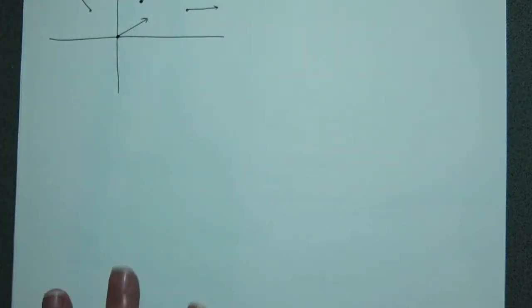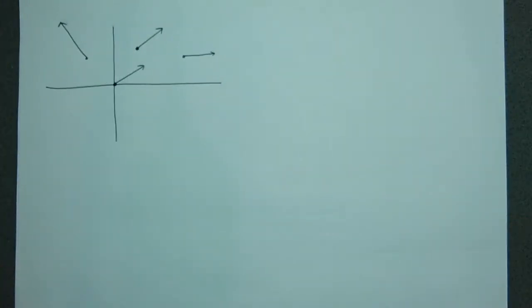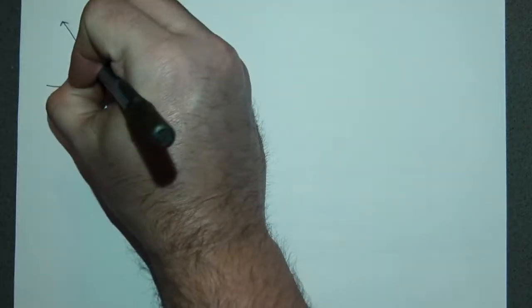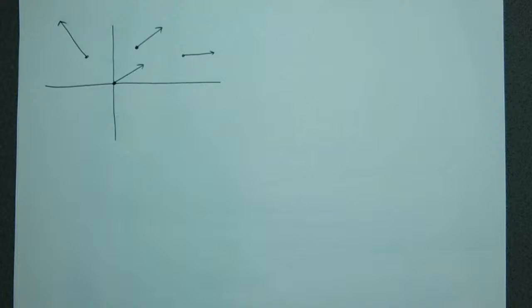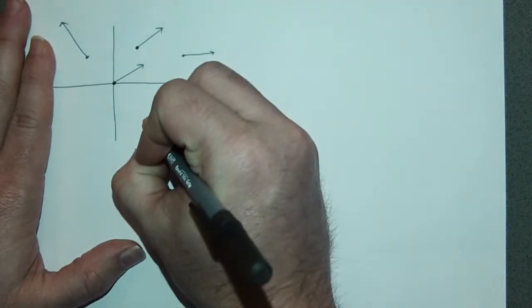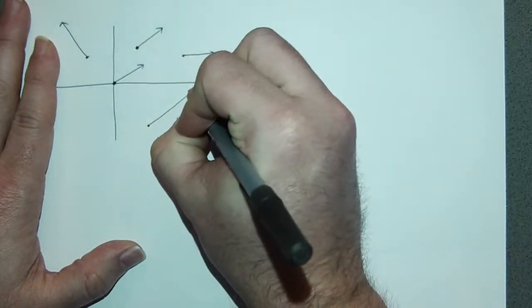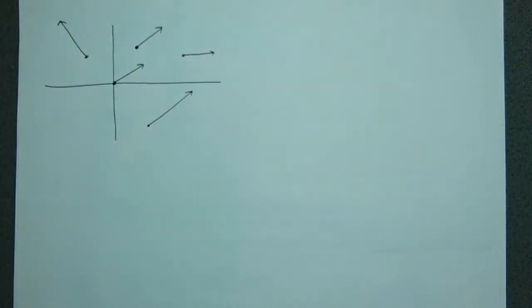So here's 4 vectors in R2. Now, the question is, let's do one more. Okay. The question geometrically is to ask which of these vectors are parallel to some other vector listed here.